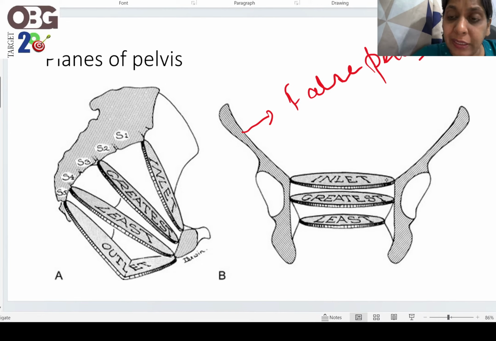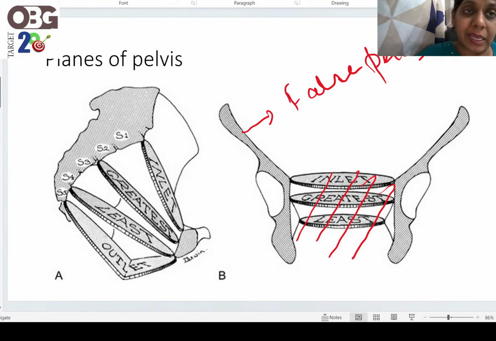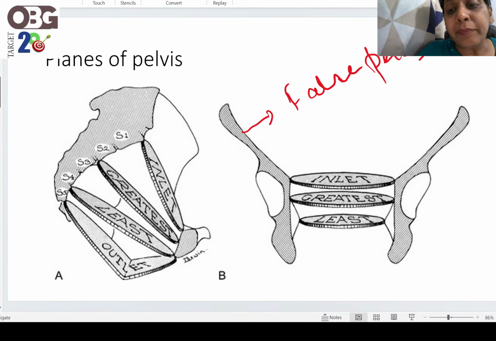In between the inlet and outlet is the true pelvis, the one which I am shading. Now this pelvis is divided into different subcavities by planes. This plane is a plane of the greatest dimension.